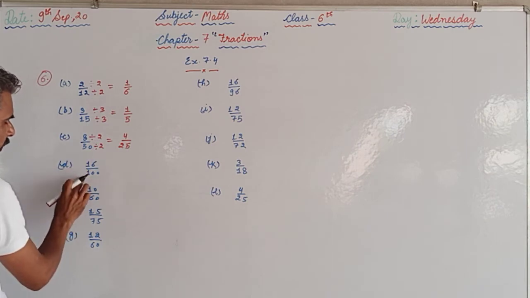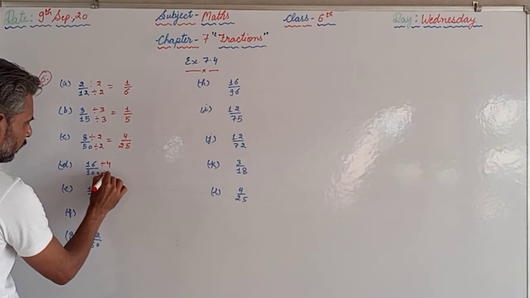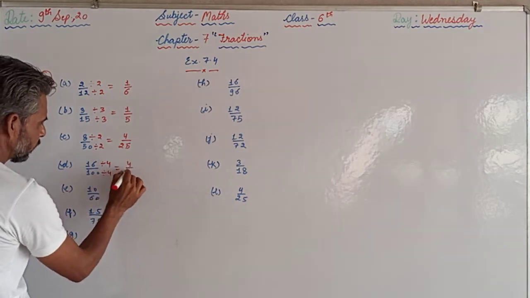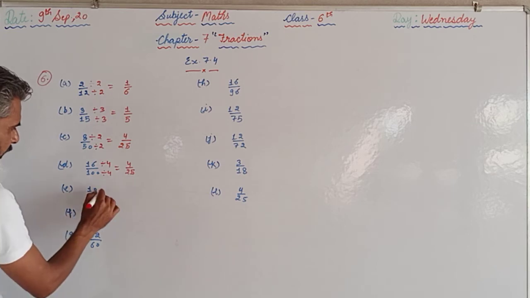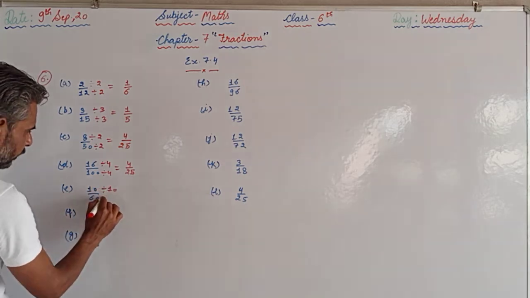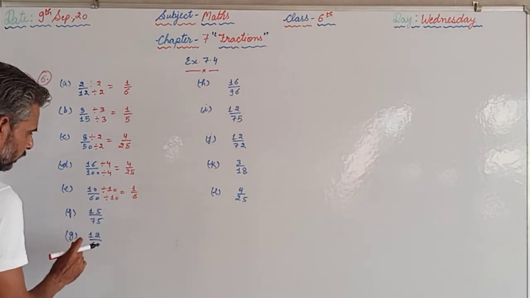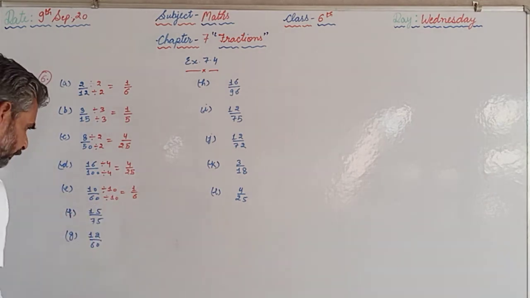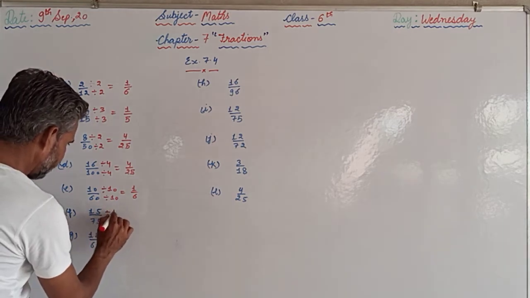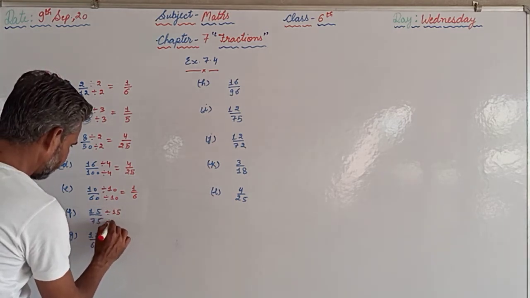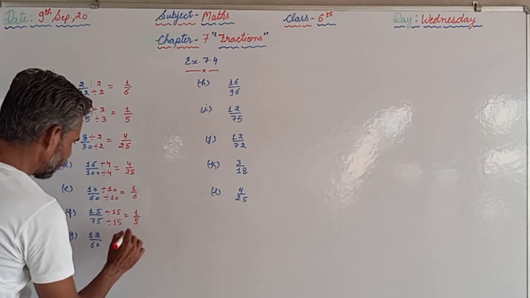Now 16 upon 100 can be divided by 4: 4 4s are 16, 25 4s are 100. Now 10 and 60 can be divided by 10, so that will become 1 upon 6. 15 upon 75 can be divided by 15, so here comes 15 1s are 15 and 15 5s are 75.